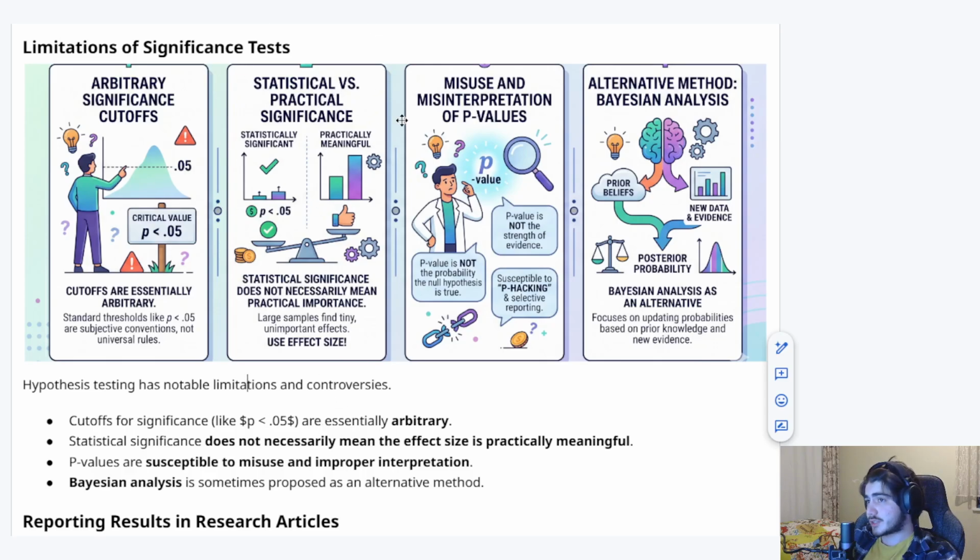Also, statistical significance does not mean that your results are practical.